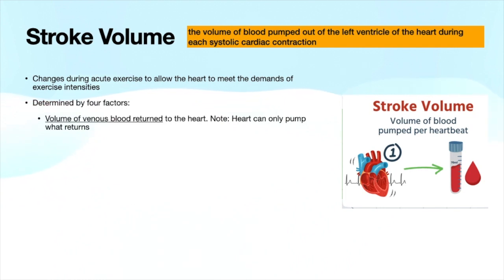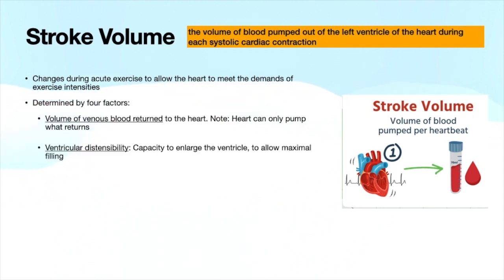So another one is ventricular distensibility. It's the capacity to enlarge the ventricle to allow maximal filling, right? So the ability of your ventricles to contain more blood by enlarging itself.